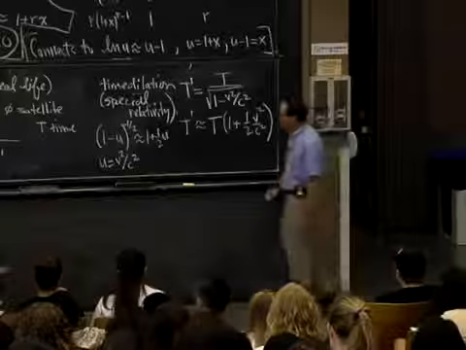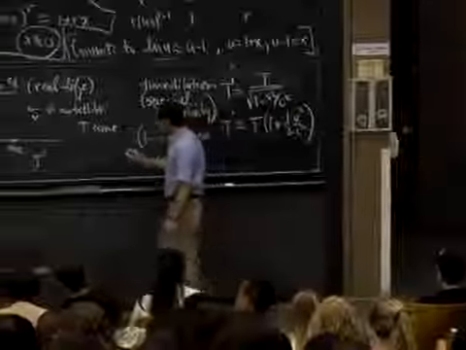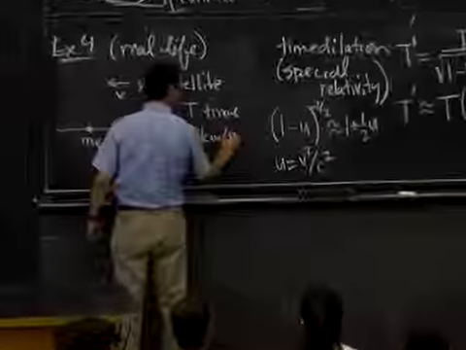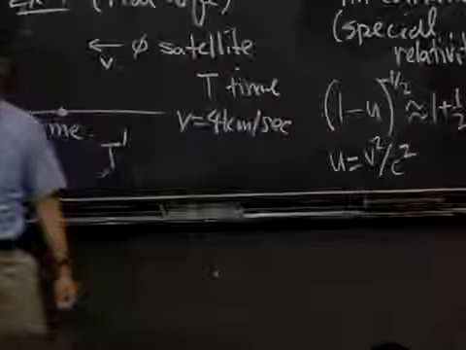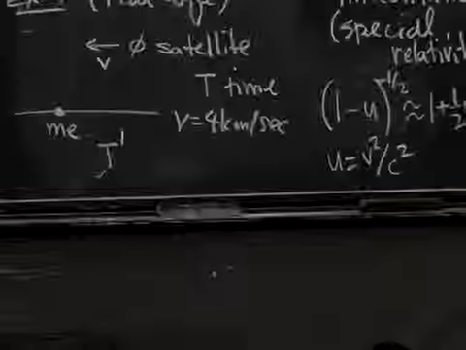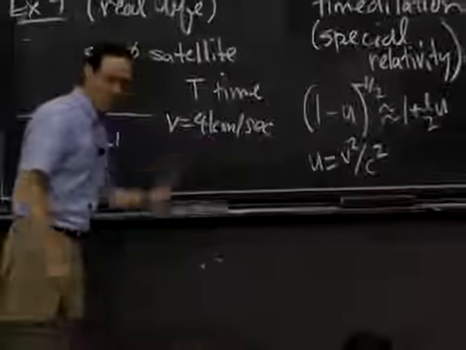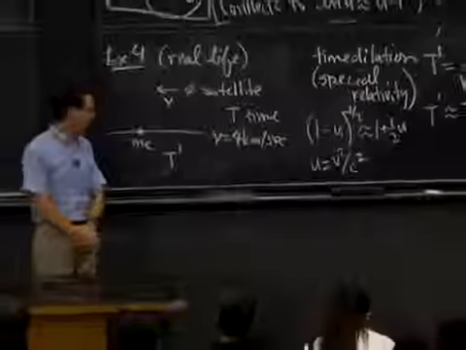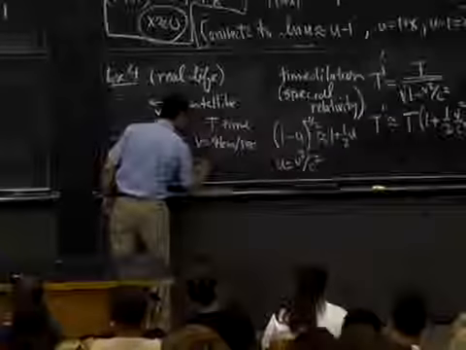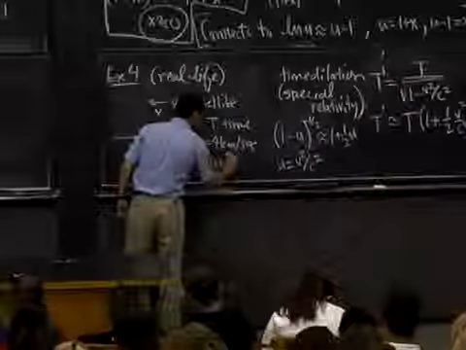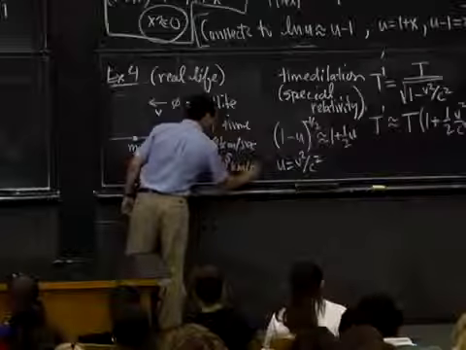So in this case, what actually happens is that v is about 4 kilometers per second. That's how fast the GPS satellites actually go. In fact, they had to decide to put them at a certain altitude, and they could have tweaked this if they had put them at different places. Anyway, the speed of light is 3 times 10 to the 5th kilometers per second.